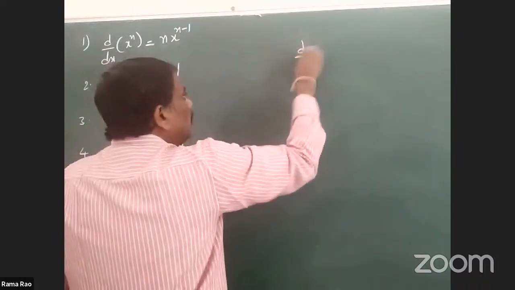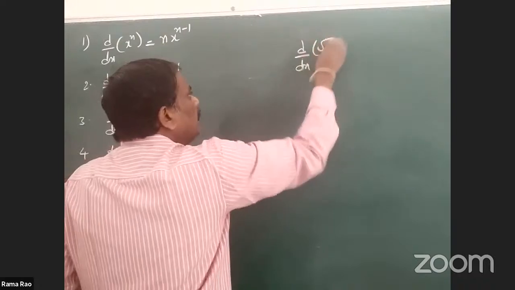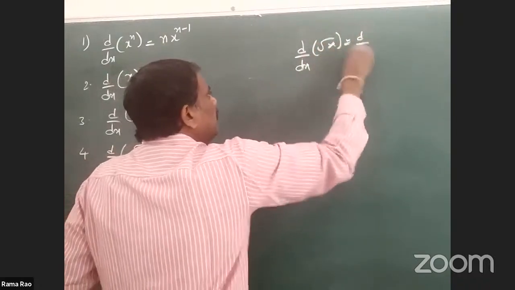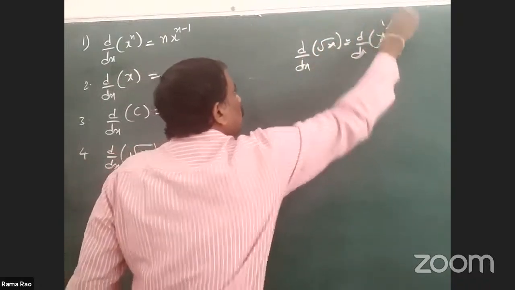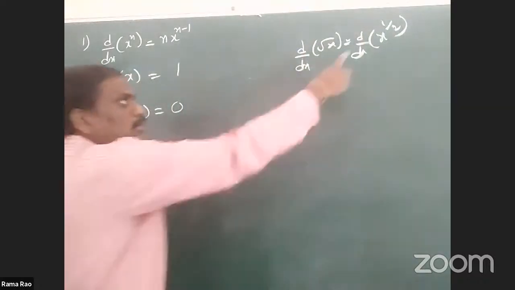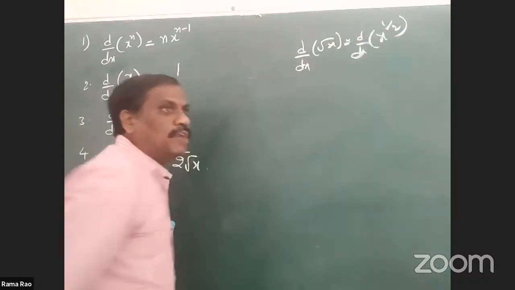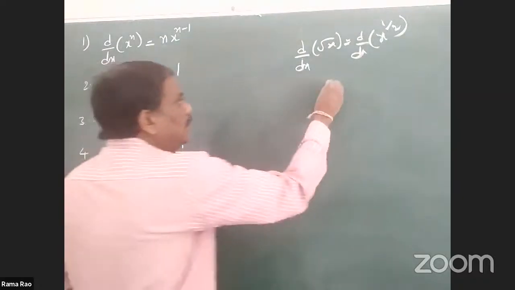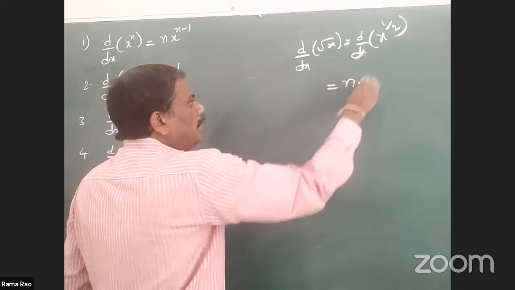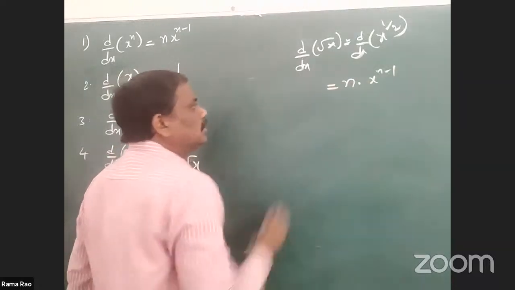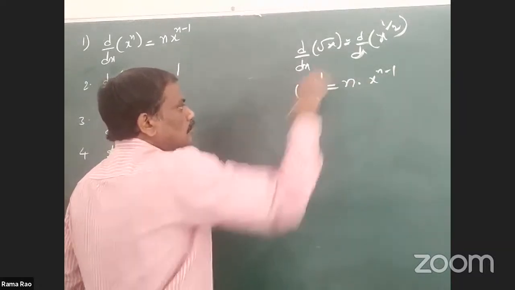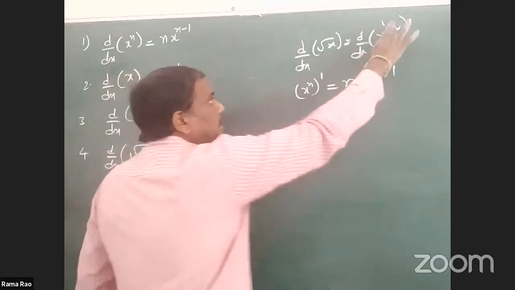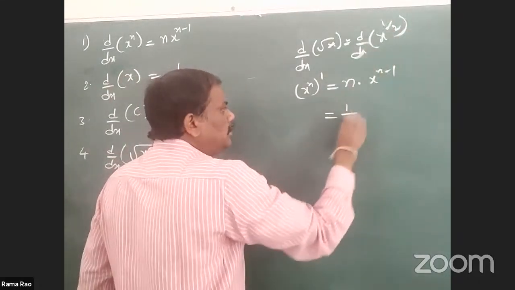D by dx of root x means d by dx of x to the power of 1 by 2. Now this is in the form of x to the power of n. The derivative of x to the power of n is n into x to the power of n minus 1. Now here in place of n, 1 by 2 is there.